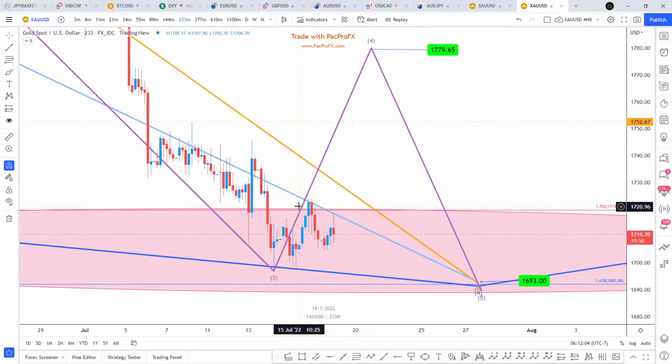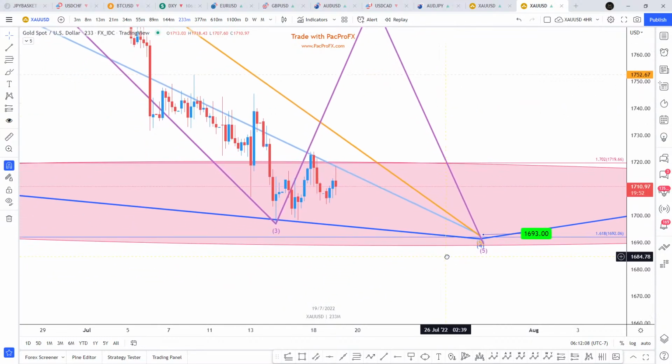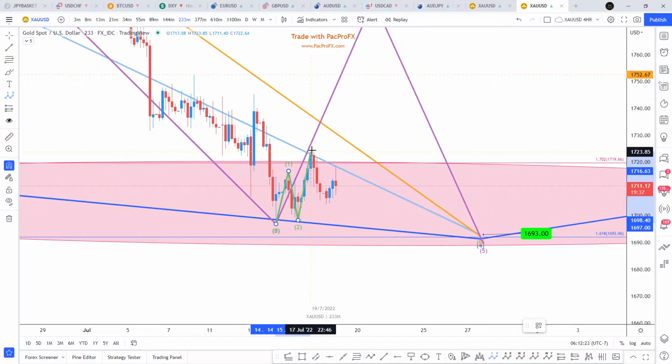So looks like we're going to go up here, and looks like we are printing a zigzag. Something like that.